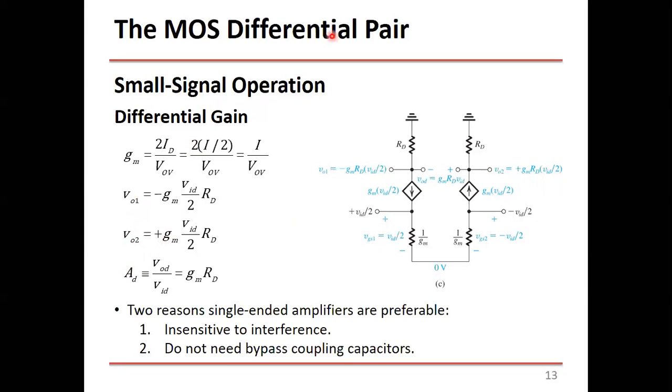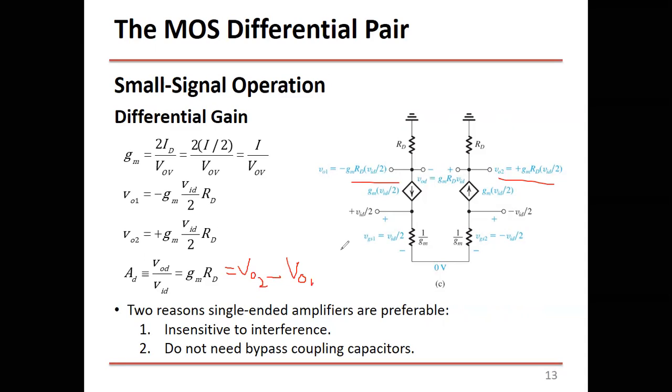I know the time is flying, so we'll finish soon. So this is V output 2 minus V output 1. Of course, these are small letters, these are AC. If you subtract this minus this, that is the V output differential.